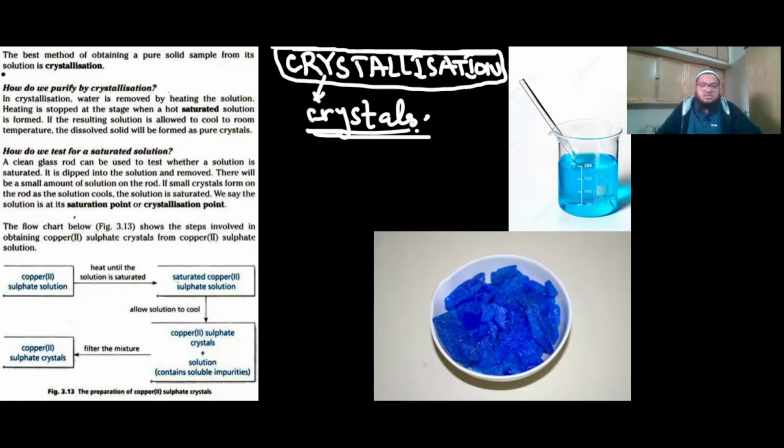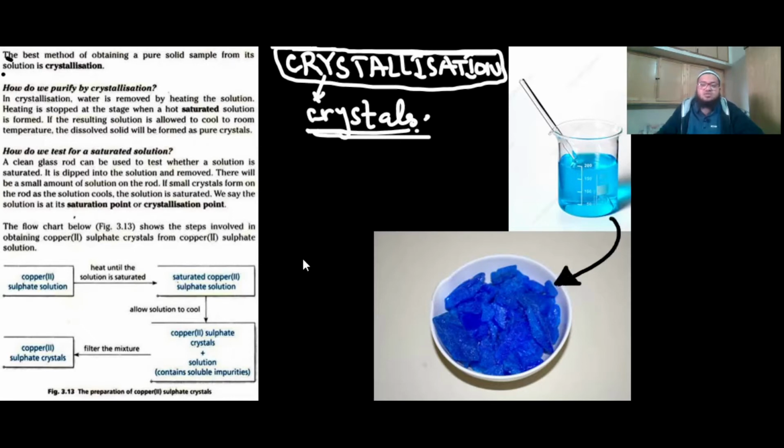Now let's start with the chapter, with this technique. This table has been taken from the same book, Chemistry Matters. After this process, this was the solution that we had, and after crystallization, this is what we will have. Stick around and don't go anywhere.